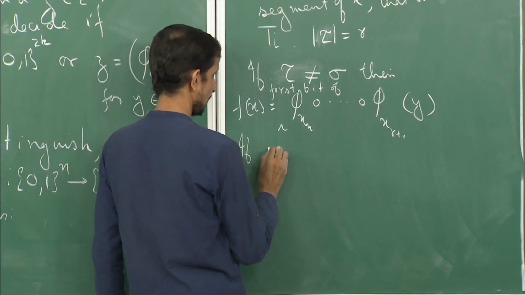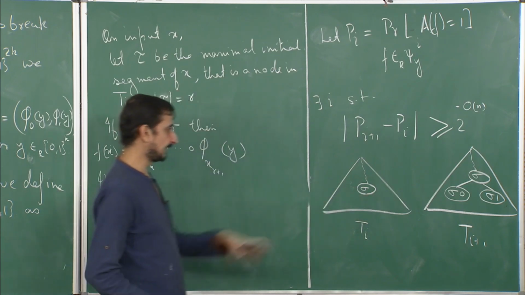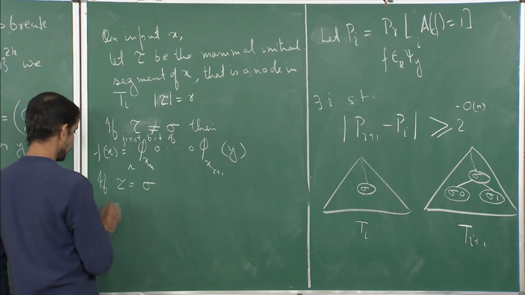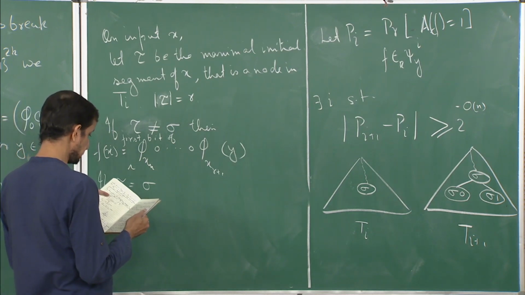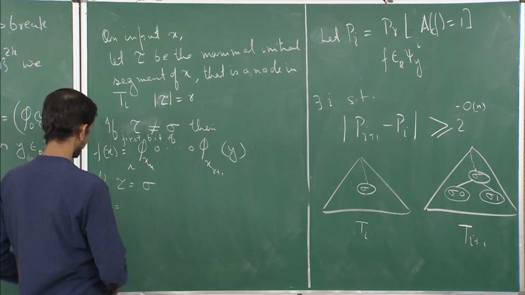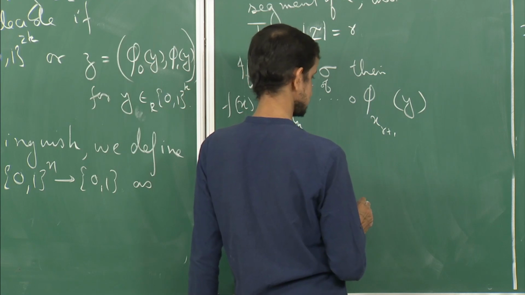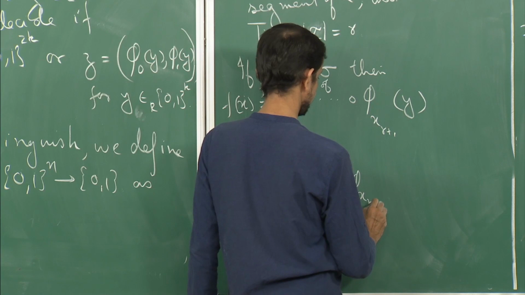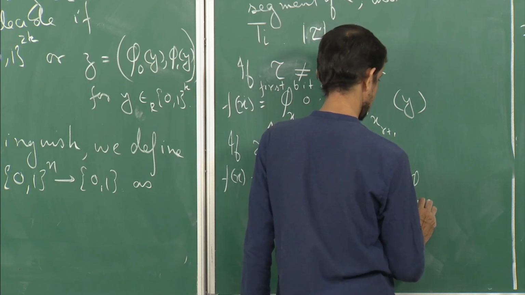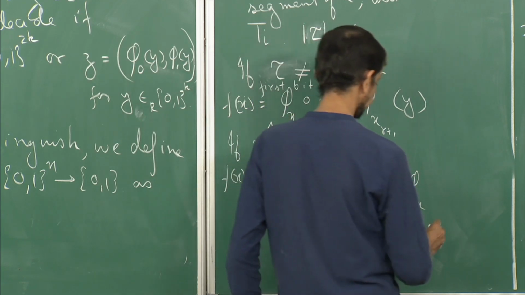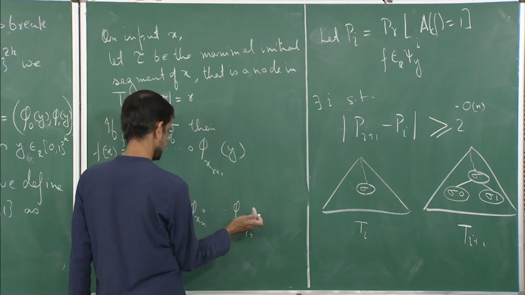And if tau equals sigma, so let's say that it went to this node and then went ahead, then f of x is equal to the first bit of phi xn composed with phi x r plus 2.